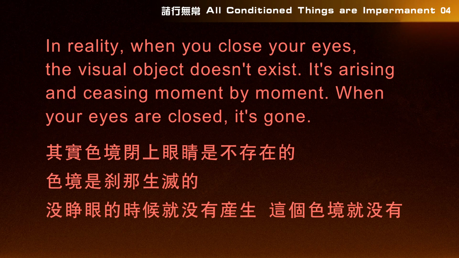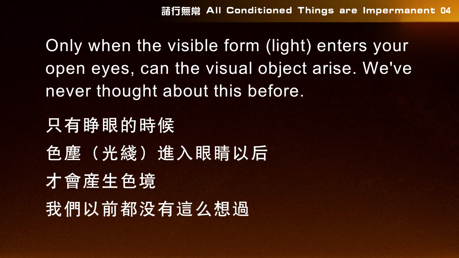It's arising and ceasing moment by moment. When your eyes are closed, it's gone. Only when the visual form, light, enters your open eyes can the visual object arise. We've never thought about this before.